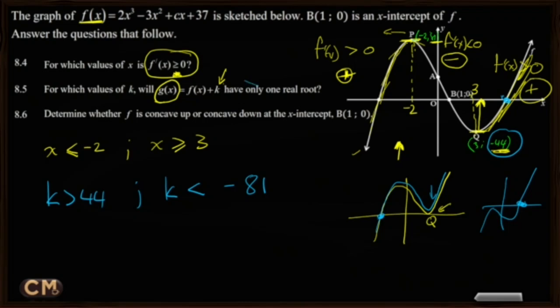Right, determine whether f is concave up or concave down at the x-intercept. b is equal to 1.